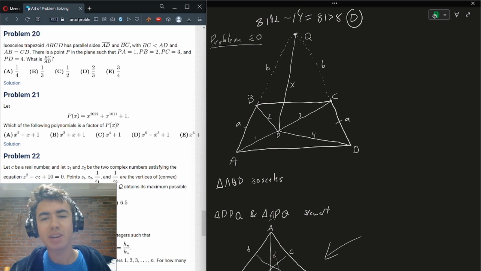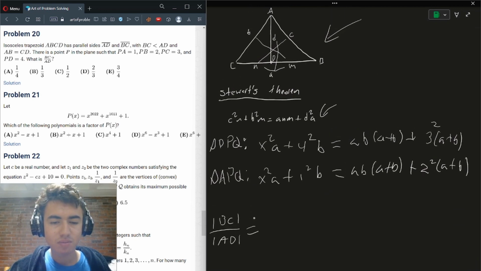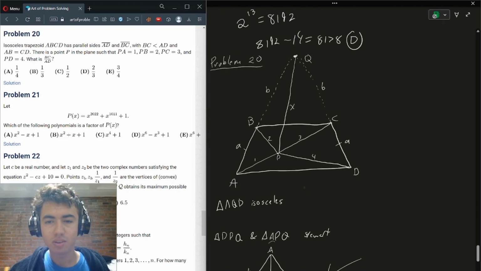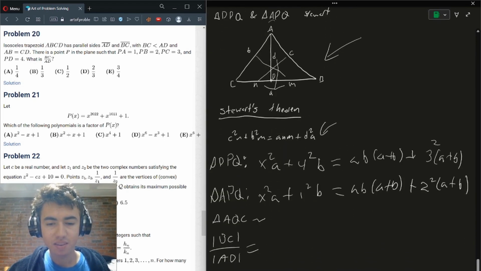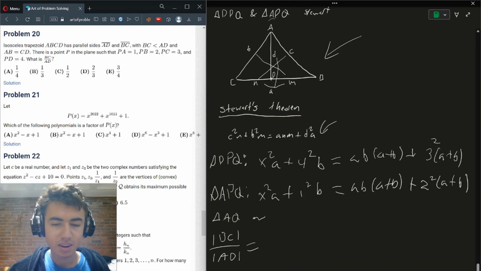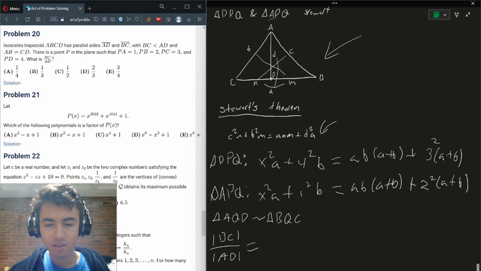And of course we have similar triangles: triangle AQC is of course similar to triangle BQC, or this should be D, sorry, triangle BQC.